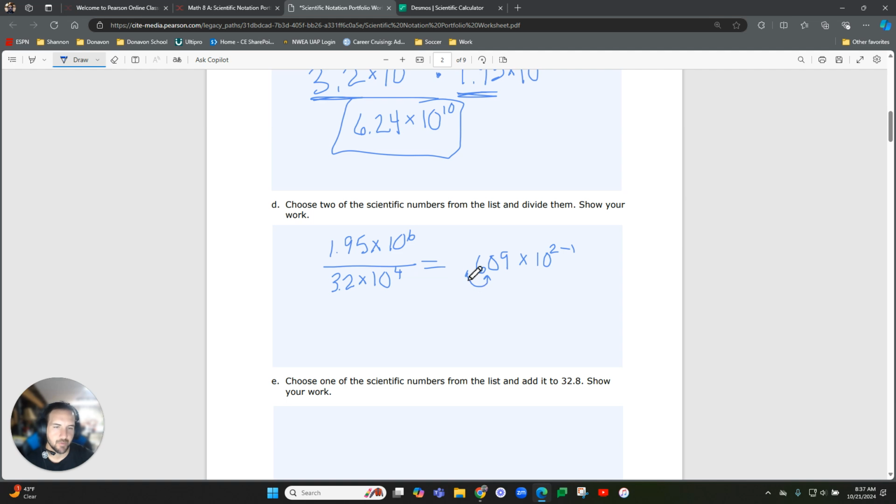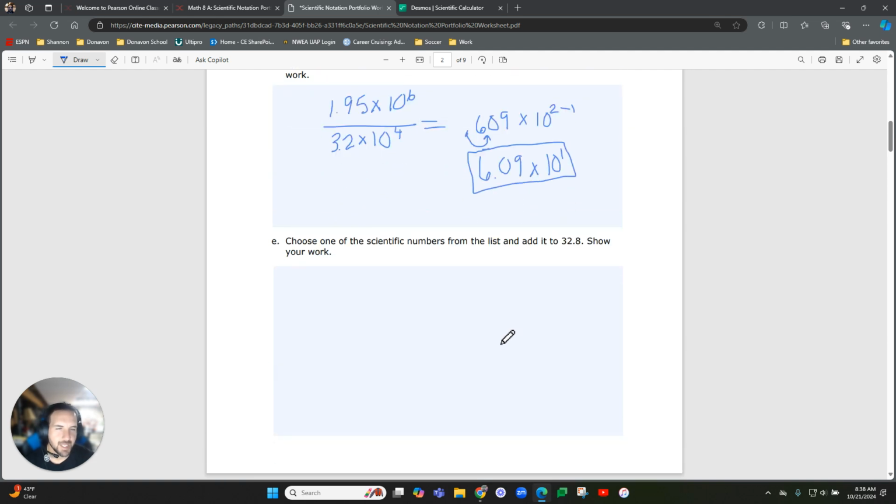If I subtract a power of 10 here, you move the decimal place to the left, then I would add a power of 10 here. Okay, so 6.09 times 10 to the 1st, which is really literally just, sorry, it would be 60.9 because that's 10. So 60.9 would be the final answer there, but you can just leave it like this.